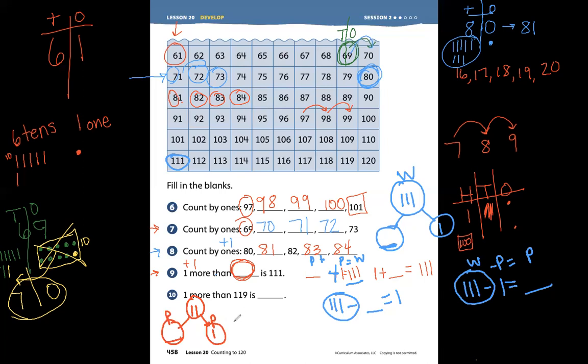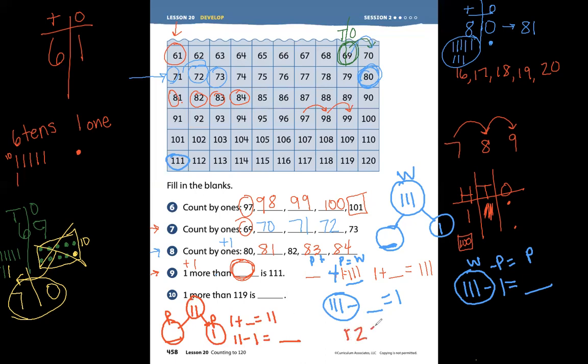I know I could do 1 plus blank equals 11, or I could do blank plus 1 equals 11, or I could do 11 minus the part I know equals blank. It's a different way of thinking about it. If 11 is the whole, let's write our number line.